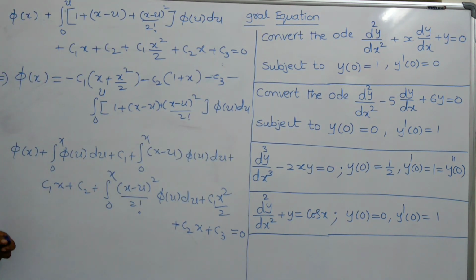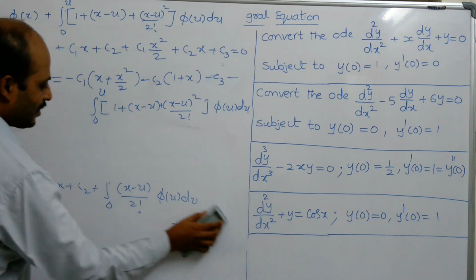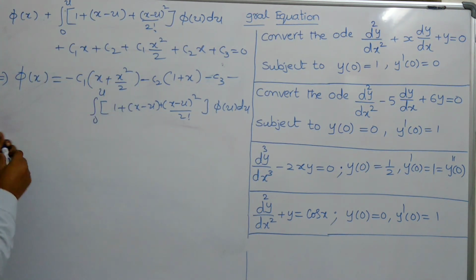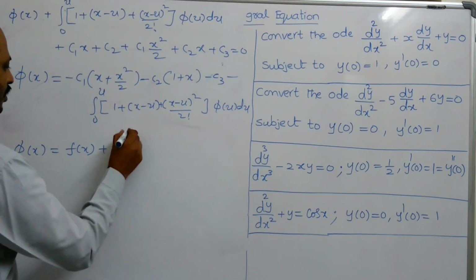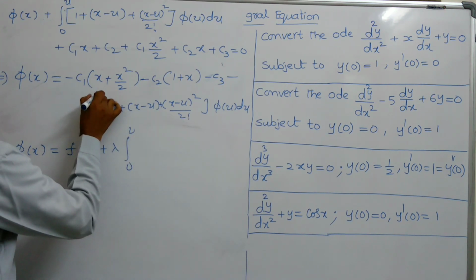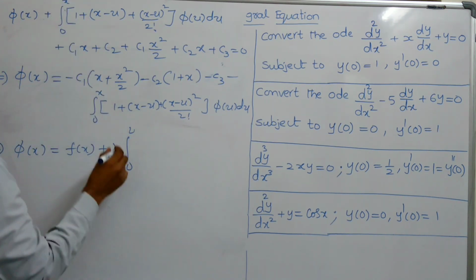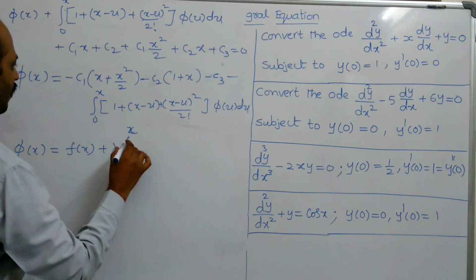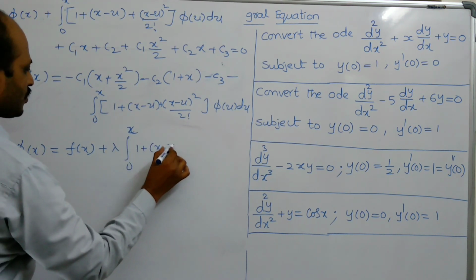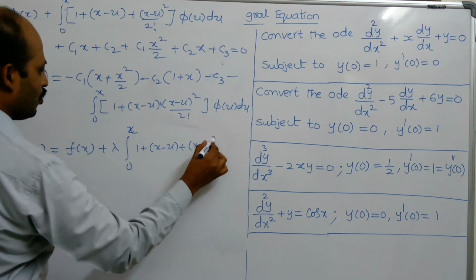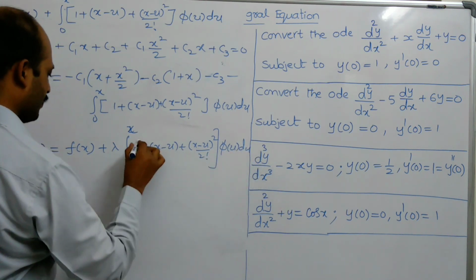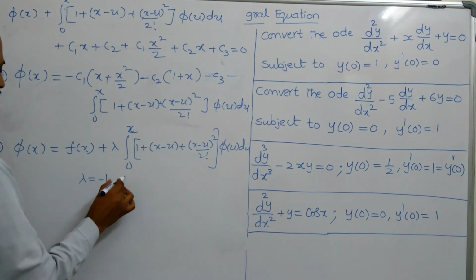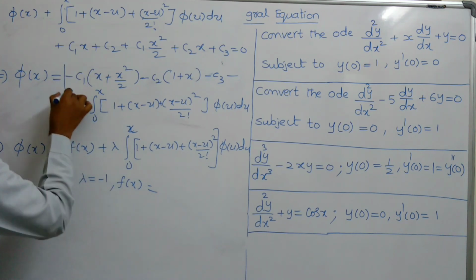Again, by simplifying this term, by putting this complete term as f of x, you get pi of x is equal to f of x plus lambda into integral 0 to x, 1 plus x minus u plus (x minus u) whole square by 2 factorial into pi of u du, where lambda is equal to minus 1 and f of x is equal to this whole term.